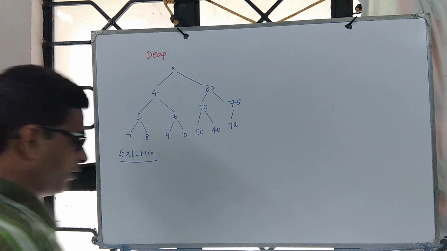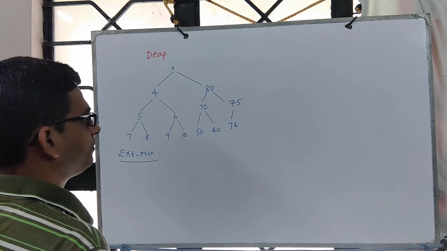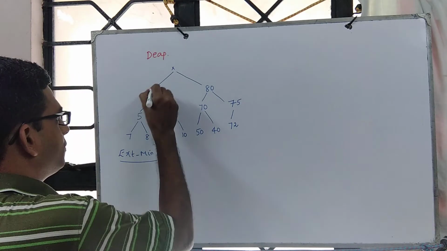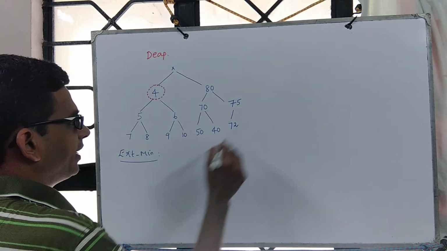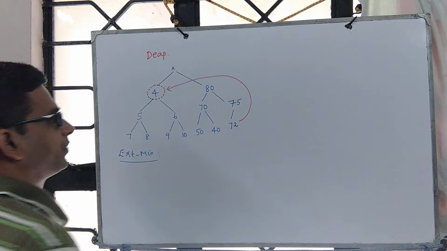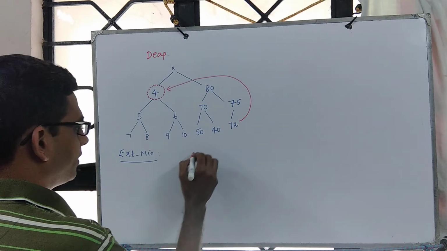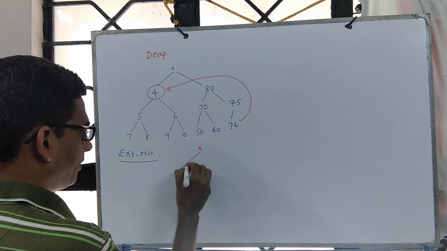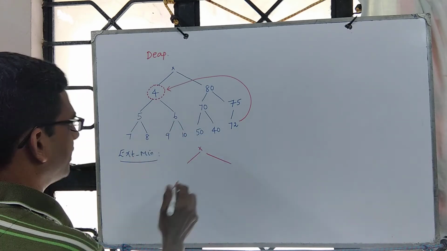Similarly, the value over here is less than or equal to the value at this place. Okay, so now when we do extract minimum, we take out this and then we place the last one over here so that we get back the deap or a nearly complete binary tree on both left as well as right.